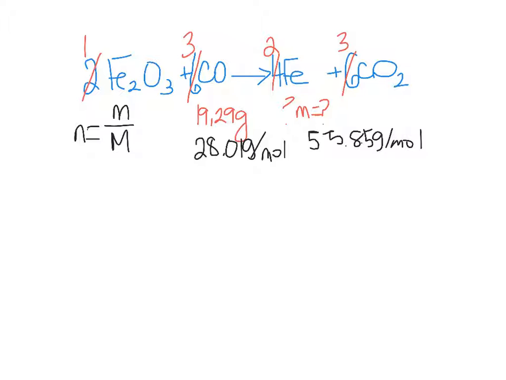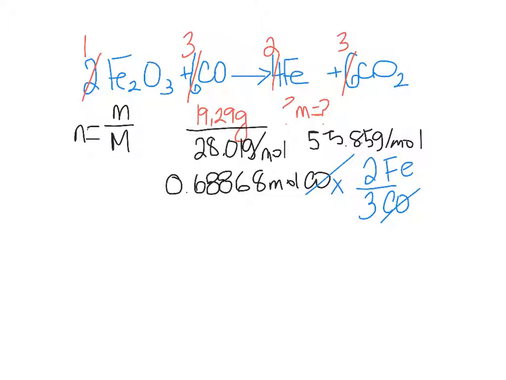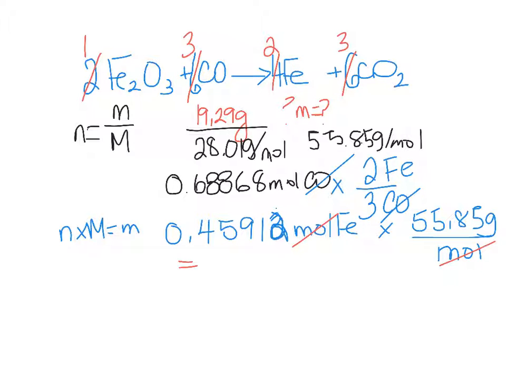So let's calculate it. How many moles do you get? Carbon monoxide cancels. So multiply it by the molar mass, and you'd be left with grams.